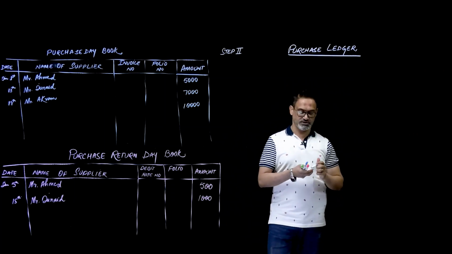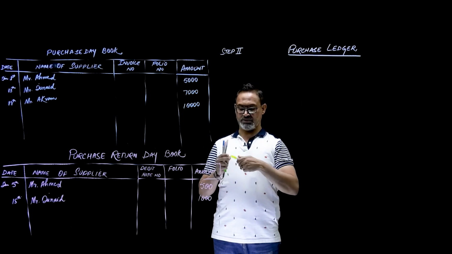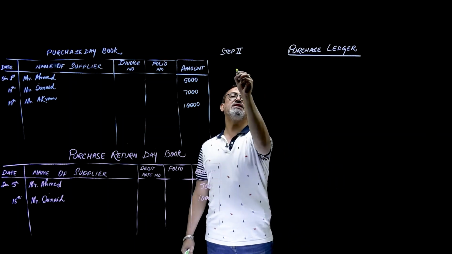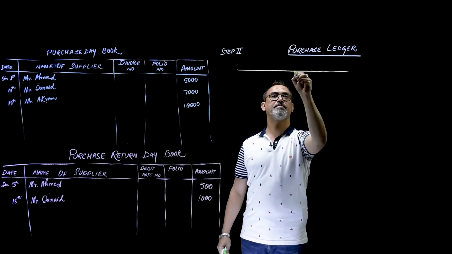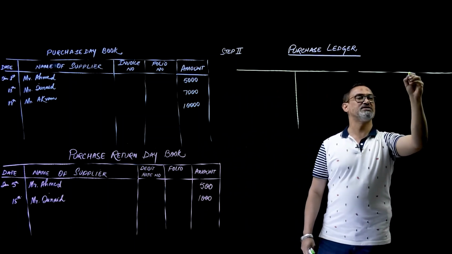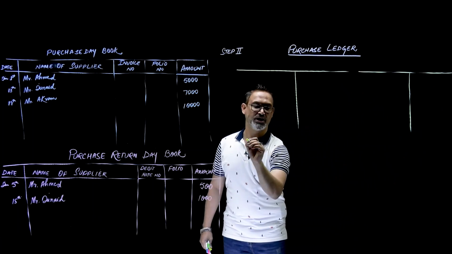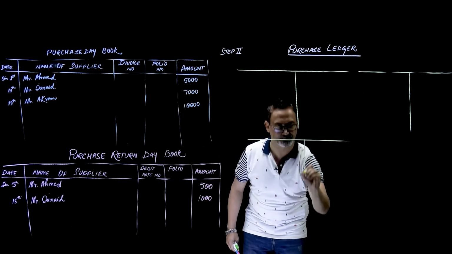So first we have to prepare Mr. Ahmed's individual account, then the second one is for Mr. Junaid, and the third one is for Mr. Akram.